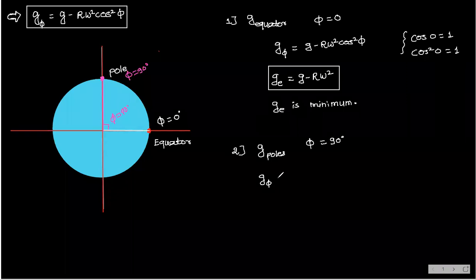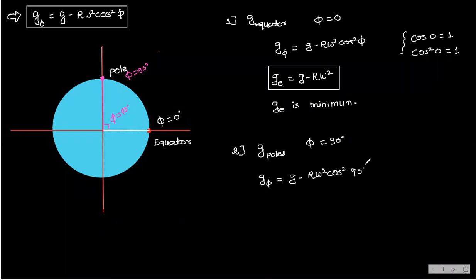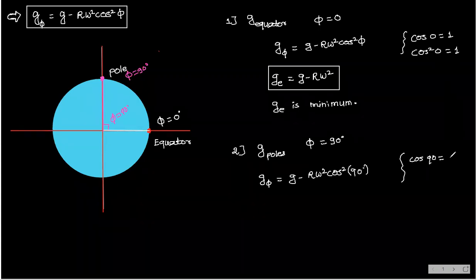So g_phi is equal to g minus R omega square cos square 90. Now tell me, cos 90 is equal to how much? 0.